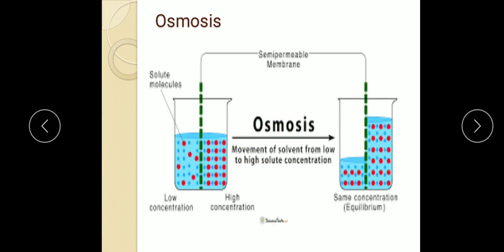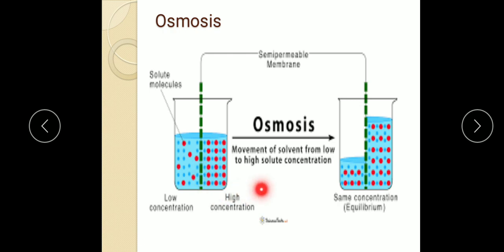Now we'll come to the absorption of water. Absorption of water takes place by a particular process in the plants. So water is absorbed by the root hair cells by a process known as osmosis. So this osmosis we will study. What is osmosis?